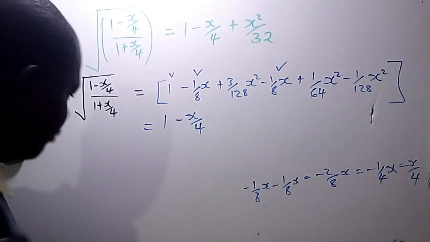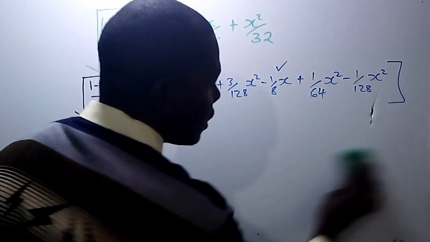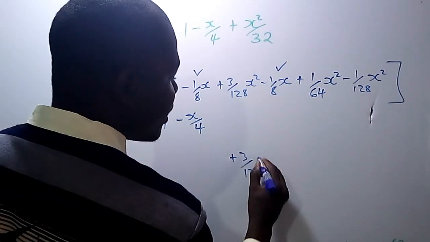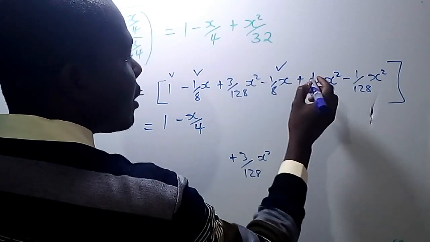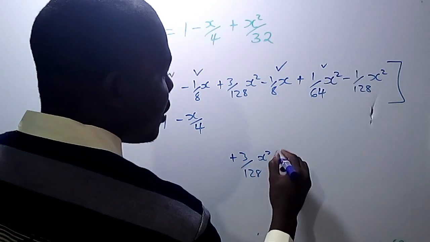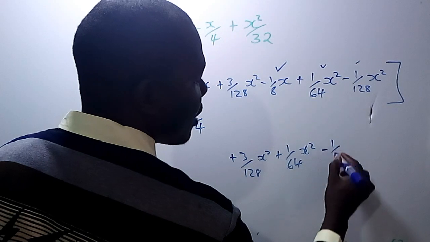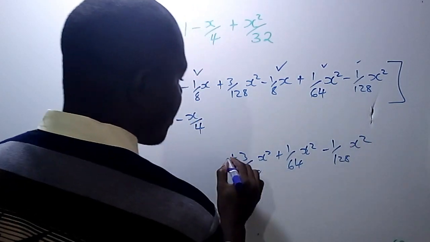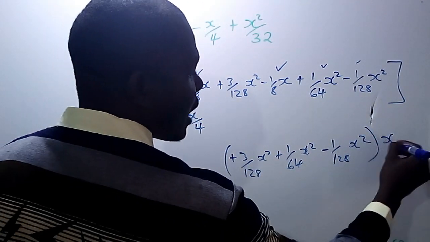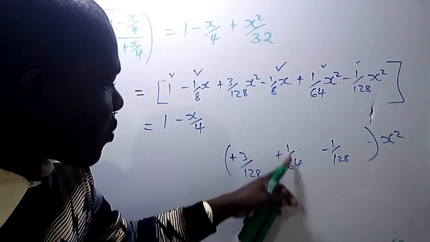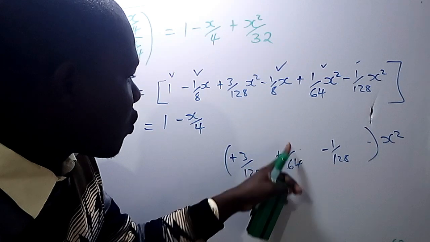Then we join the next: positive 3 over 128x squared, positive 1 over 64x squared, negative 1 over 128x squared. If you factor out x squared, you remain with 3 over 128 plus 1 over 64. 1 over 64 is 2 over 128.